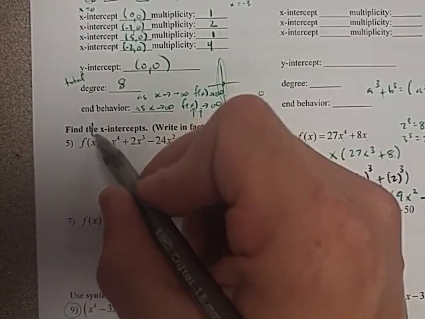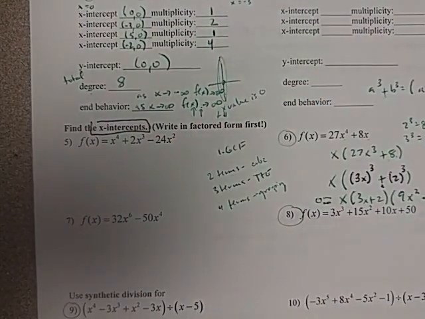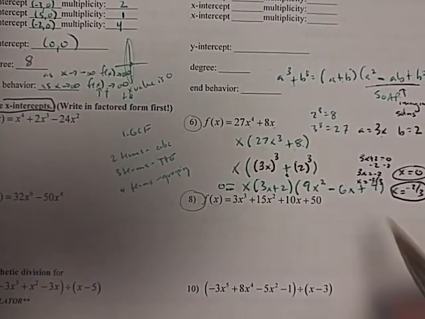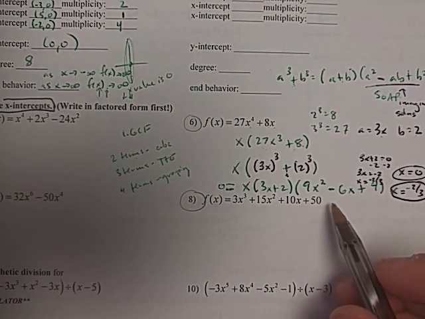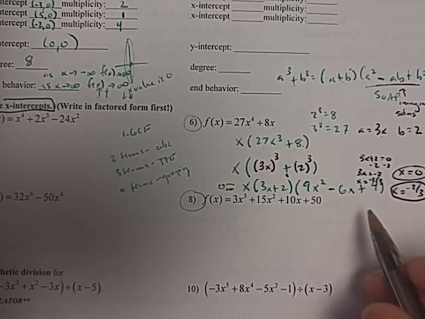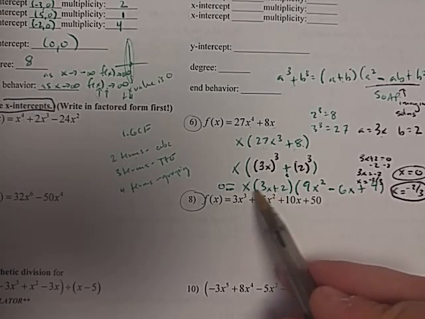So notice that the problem asks us to find x-intercepts, which means that if they're imaginary, they're not there. So these will give me 1 conjugate pair, 2 imaginary solutions. So the only x-intercepts I have are going to be these 2 right here.